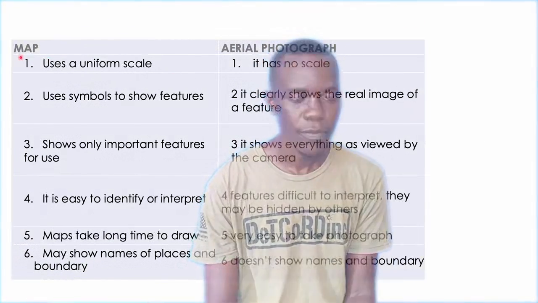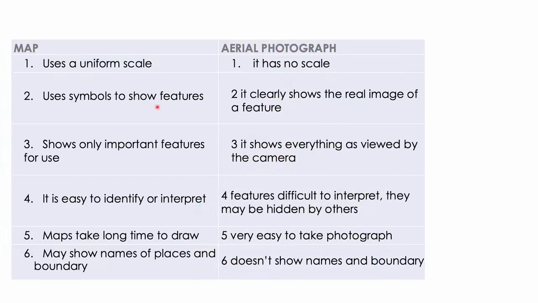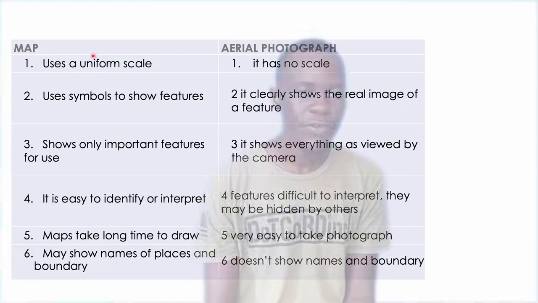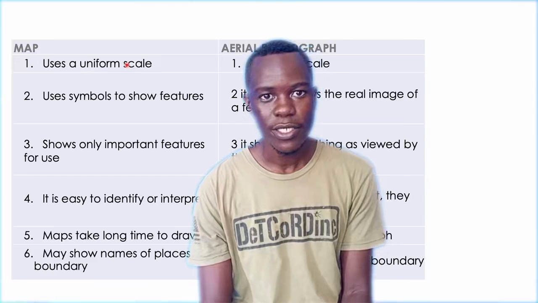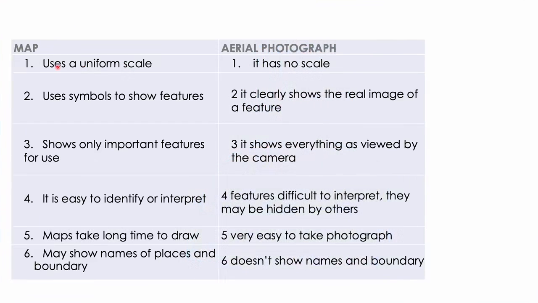Now, you have a table here, and on this table there is a map on the left and there is an aerial photograph. So the first difference is usually maps use a uniform scale, while an aerial photograph has no scale.